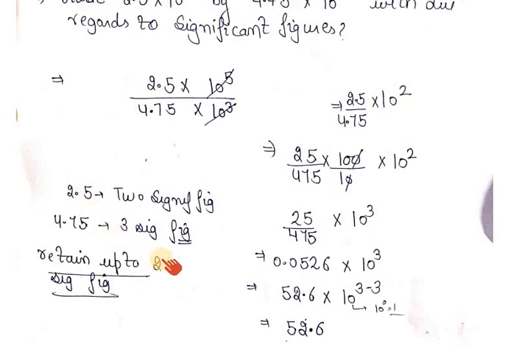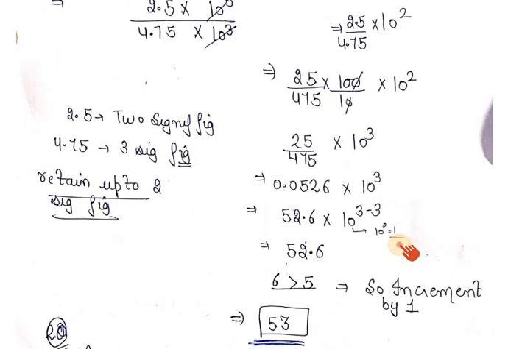When you divide, you will get the answer 52.6 into 10 to the power 0, that means 1. So your answer is 52.6, but we want our answer up to 2 significant figures, and here the answer has 1, 2, 3, 3 significant figures. We want 2. So you have to round off one number. You have to apply the break at this number.